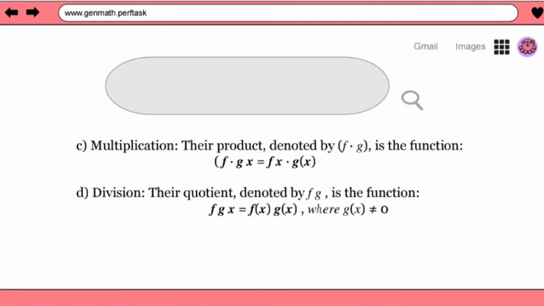In multiplication, their product denoted by quantity of f times g is substituted as quantity of f times g of x is equals to f of x times g of x. In division, their quotient denoted by quantity of f divided by g is substituted as quantity of f divided by g of x is equals to f of x divided by g of x.